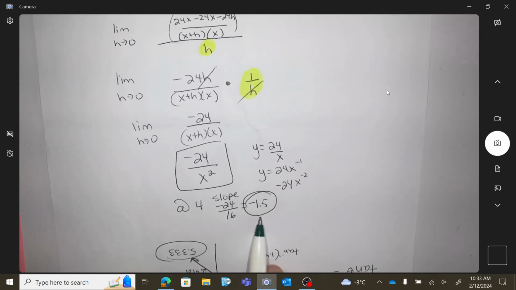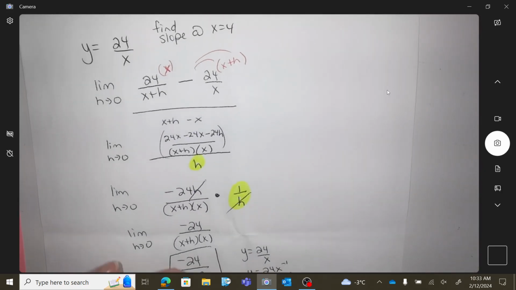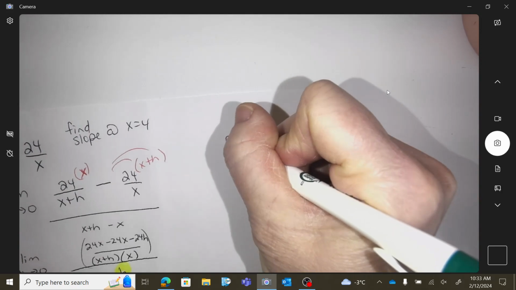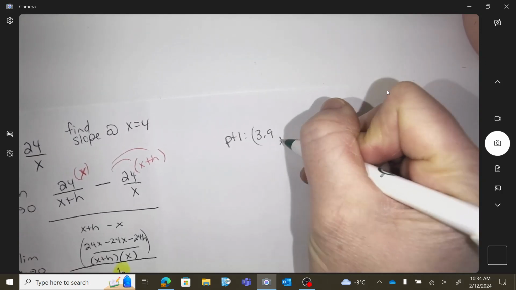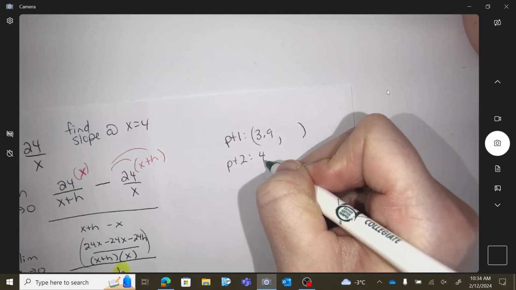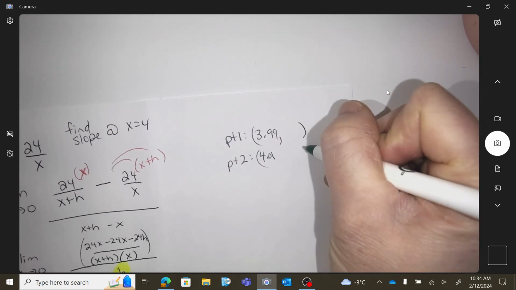Okay, but what if I said, instead of using the definition, use close numbers? What would you do? Plug in close numbers to 4. So you would go 0.1, I could go 3.9, and 0.2 I could do 4.1, or I could go even closer probably.